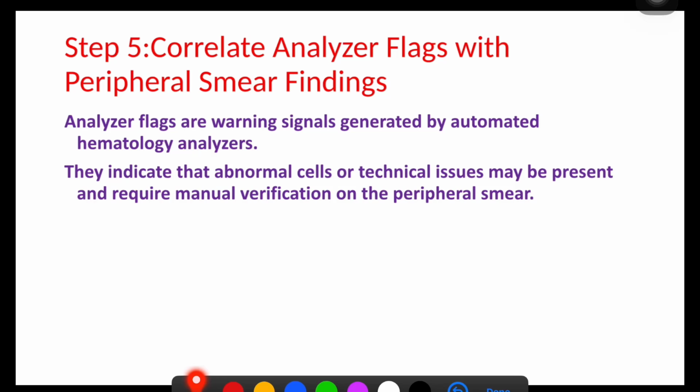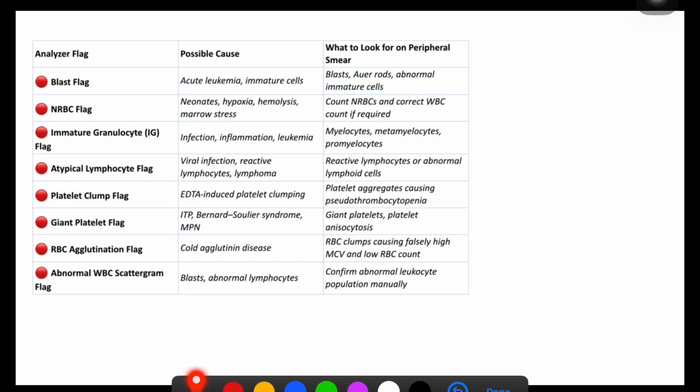Now step 5 is correlate analyzer flags with peripheral smear finding. Analyzer flags are warning signals generated by automated hematology analyzer, and they indicate that abnormal cells or technical issue may be present and require manual verification on the peripheral smear.